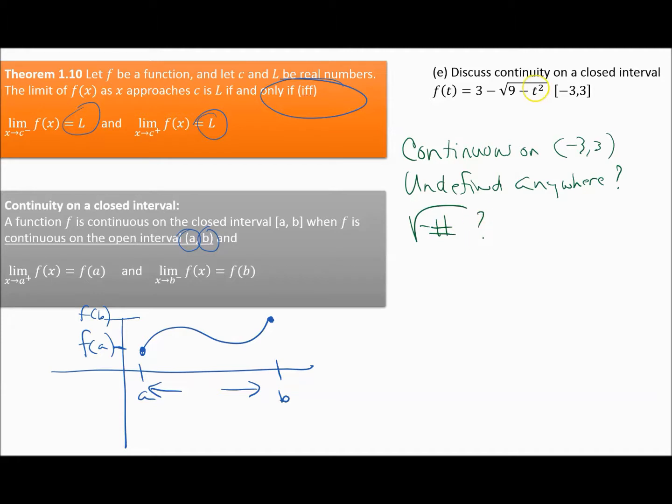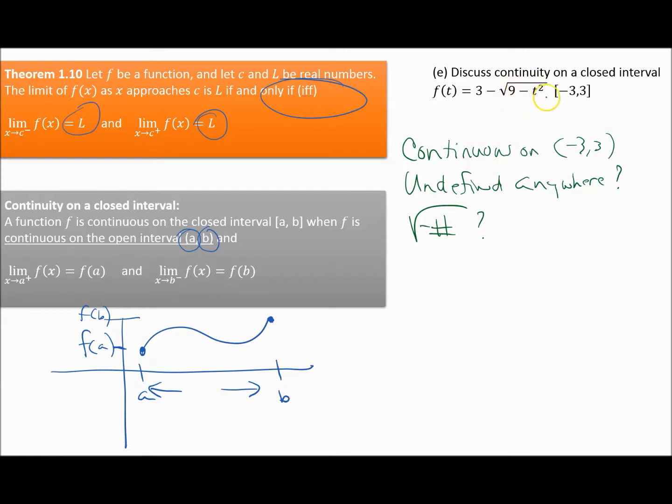What kind of numbers would we plug in for t to give us a negative under a square root? Anything bigger than 3 is going to be a problem, right? Because 9 minus 3 squared is 9 minus 9, which is 0. That's okay. But if you plug in, say, 4, that's 9 minus 4 squared, which is 9 minus 16, a negative number. You see what I mean?